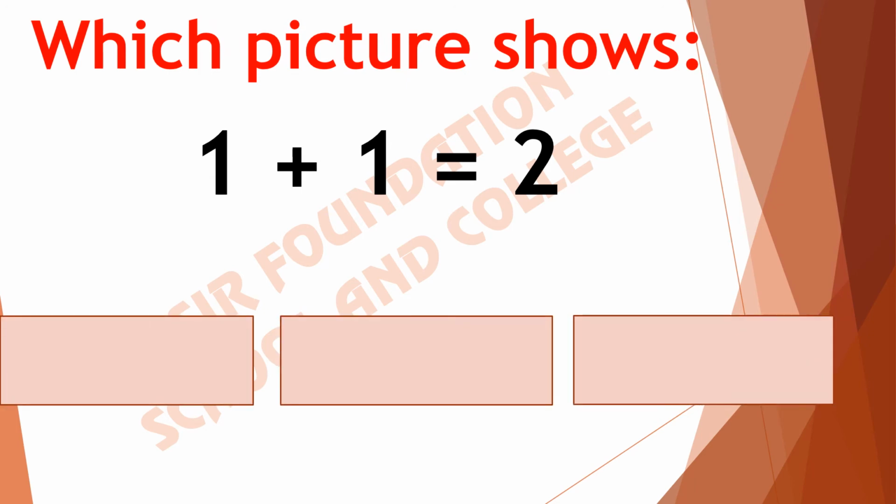In the first picture we can see that there are 3 green pentagons and 1 purple pentagon. In the second picture we see that there are 3 green pentagons and 3 purple pentagons. That makes 6 in total.